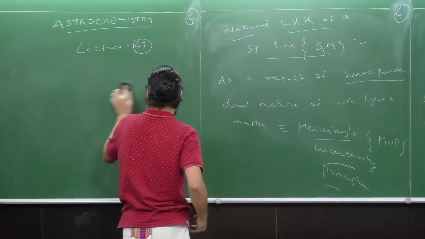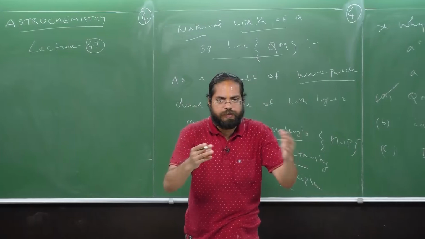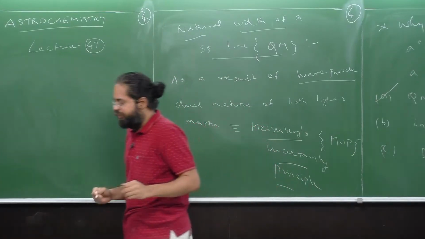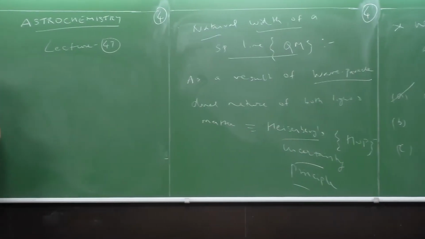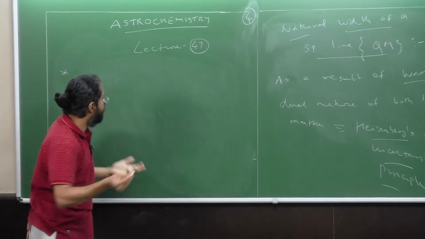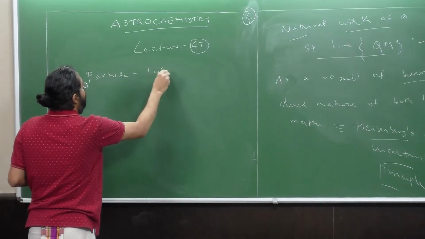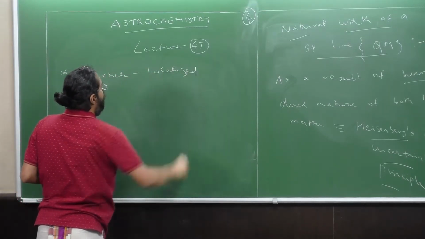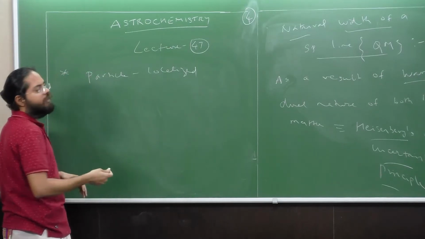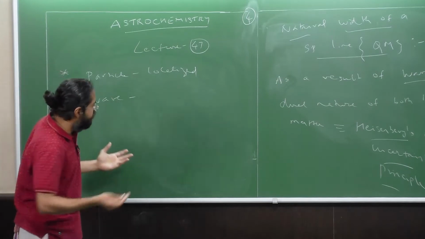Now, see what characterizes a particle. I'll just write it here. We looked at various differences between waves and particles. Now a particle is in general localized, and a wave is delocalized.